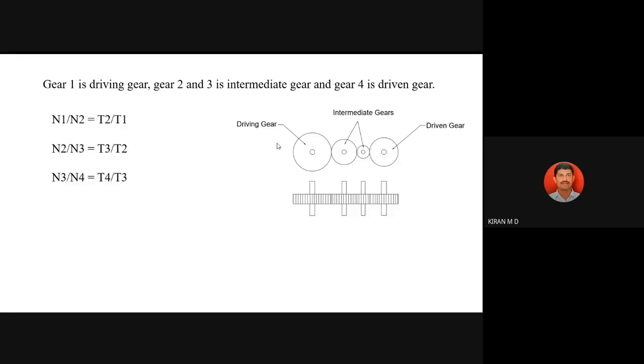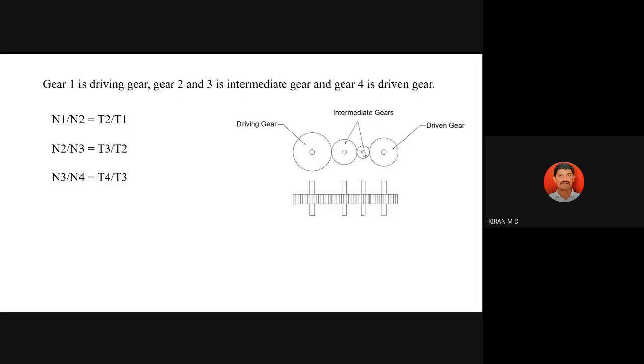So gear 1 is driving gear 2, and gear 2 and gear 3 are intermediate gears. Using that, N1 by N2 is equal to T2 by T1, N2 by N3 is equal to T3 by T2, and N3 by N4 is equal to T4 by T3. Is it clear? Yes, sir. Okay.